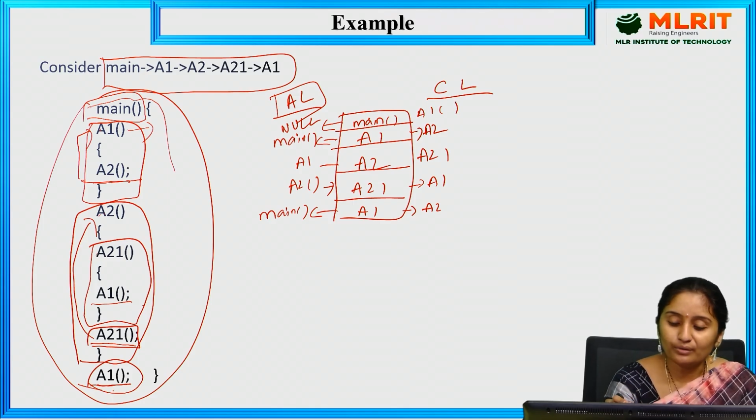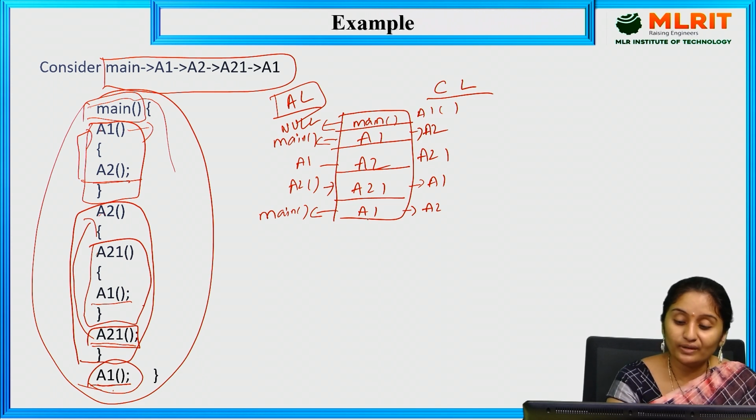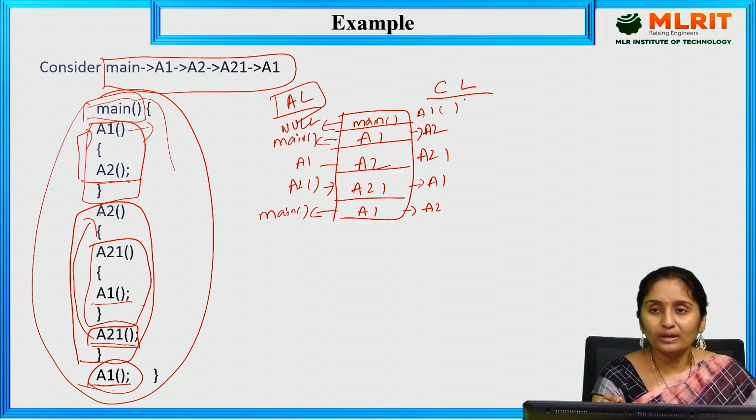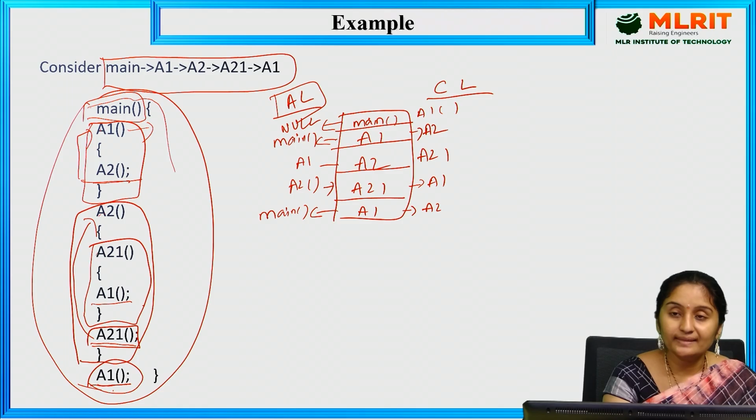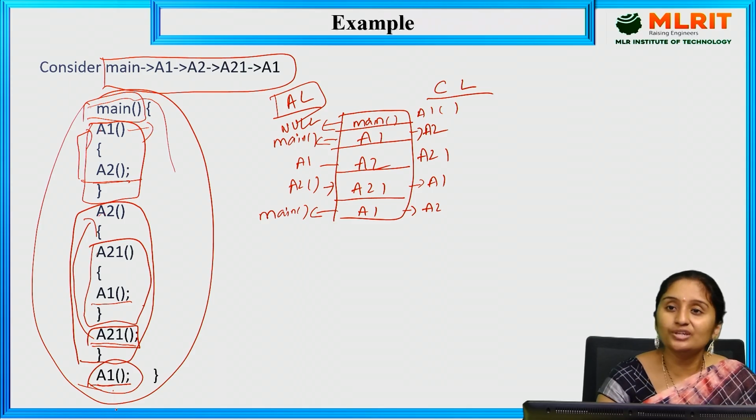So in the control link, in the definition, which function call is made? The caller function, the previous function. And in the access link, this function call is called in which definition? In which definition is this A1 function call done?